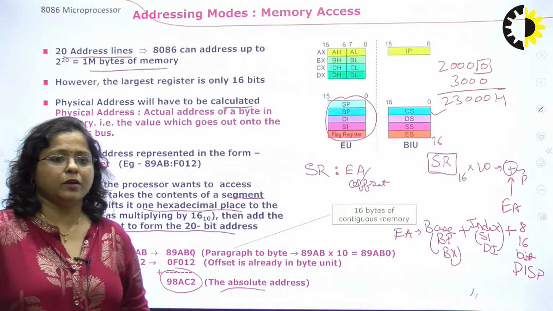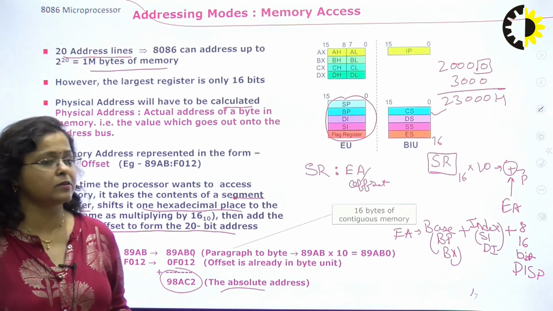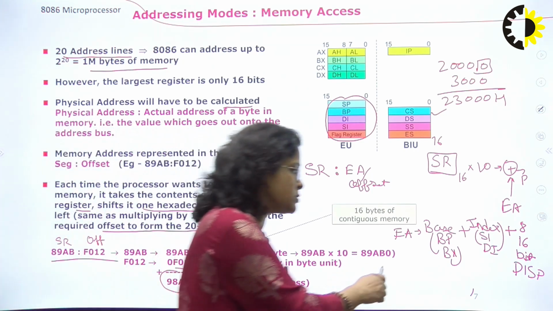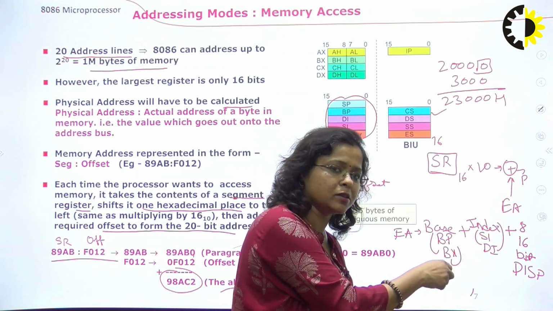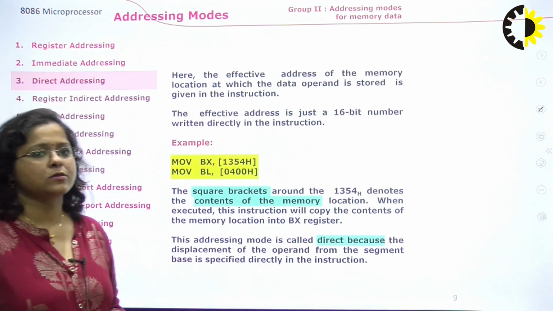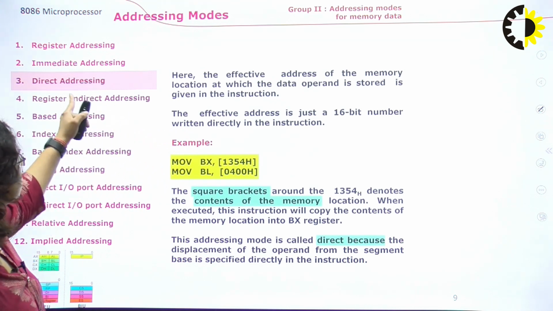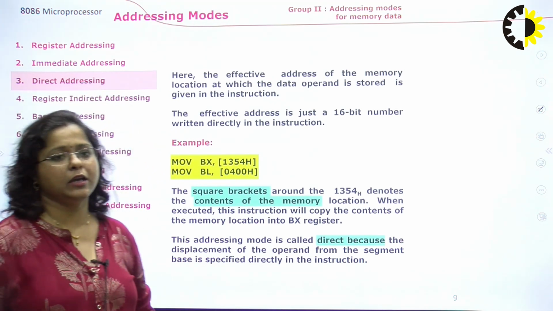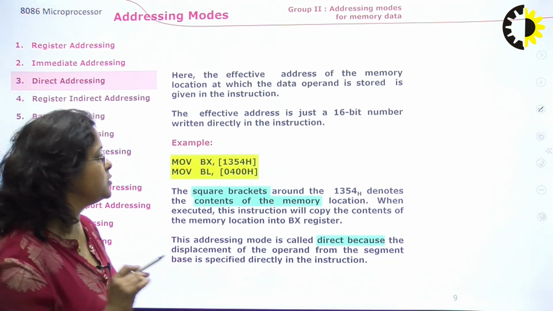So how the effective address is calculated using either base or index or displacement, or a combination of any two or three, will constitute different memory addressing modes. We will start with the very first one, that is direct addressing mode. In direct addressing mode, the effective address is directly specified in the instruction.